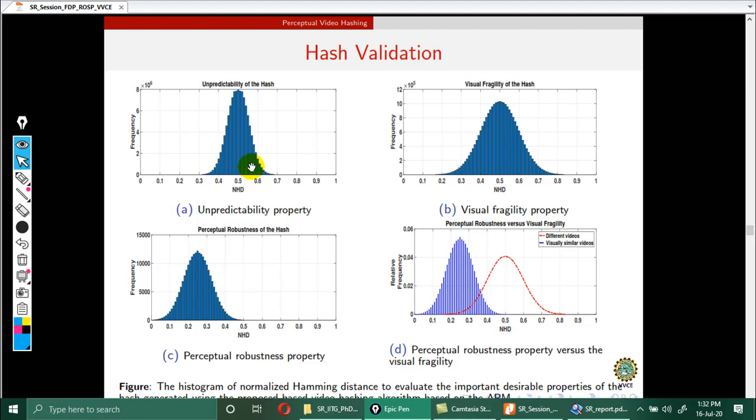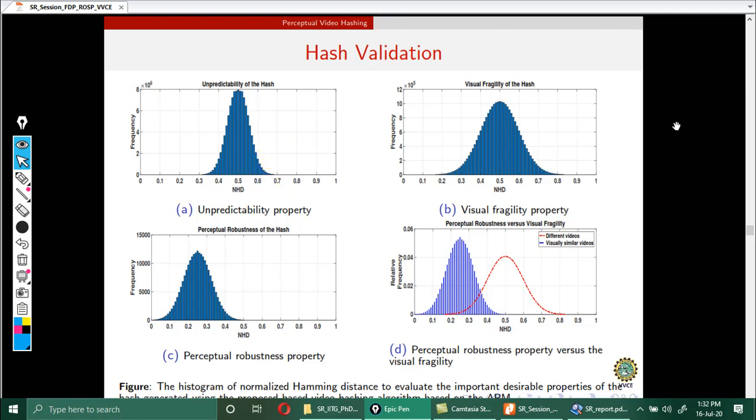The hash should be different, and the normalized Hamming distance that I measure should be very close to 0.5. This was done for a video using 1000 different keys, and then the process was repeated for 224 videos and plotted. You can see that the normalized Hamming distance is concentrated around 0.5, ranging approximately between 0.3 and 0.7.